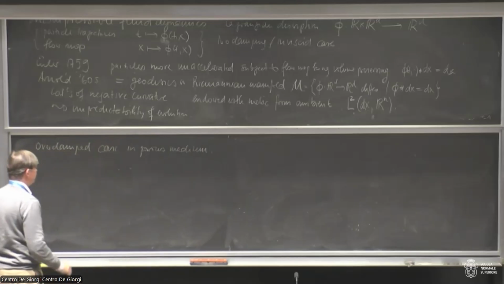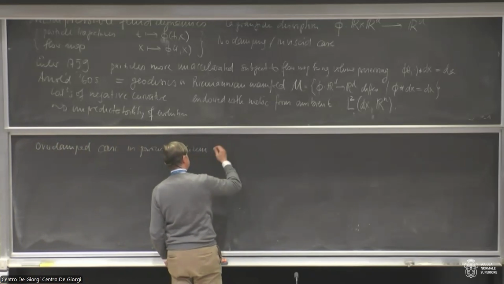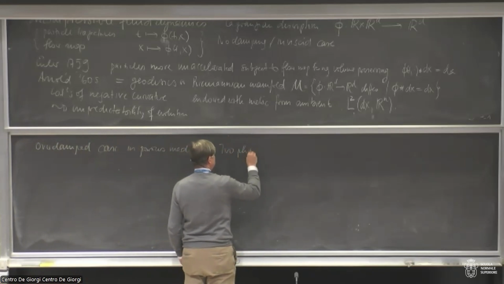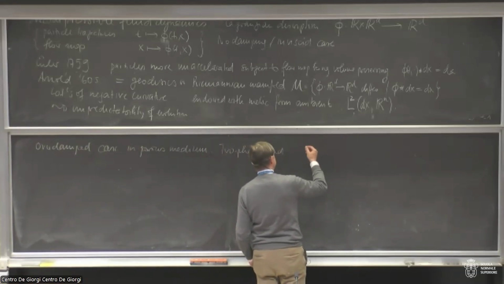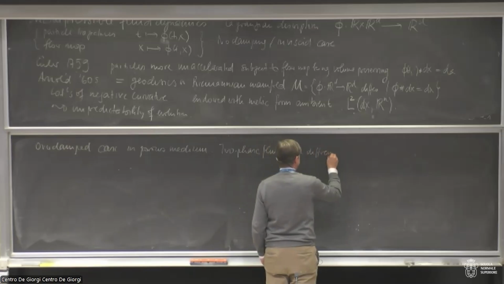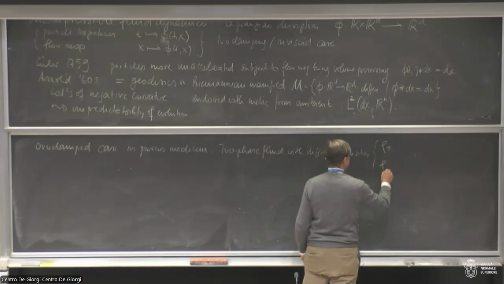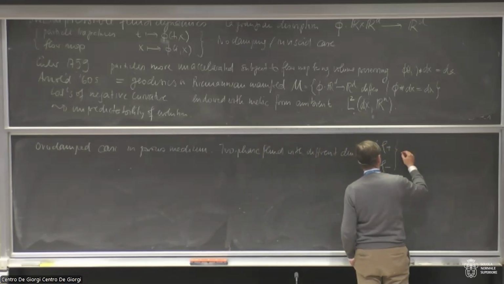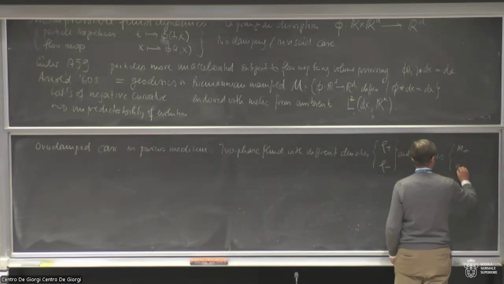And to make this setting more interesting, let's look at the case of a two-phase fluid. So you have two phases, a plus and a minus phase, and they differ in terms of their densities, so let's call it rho plus and rho minus, and mobilities, M plus and M minus.